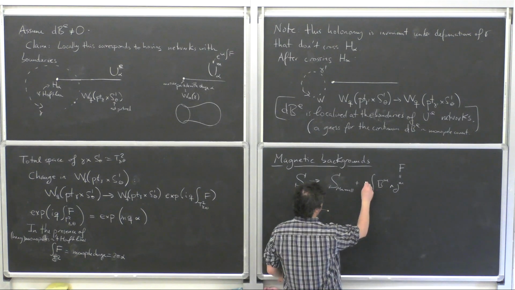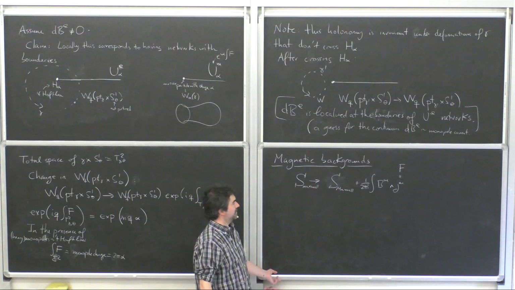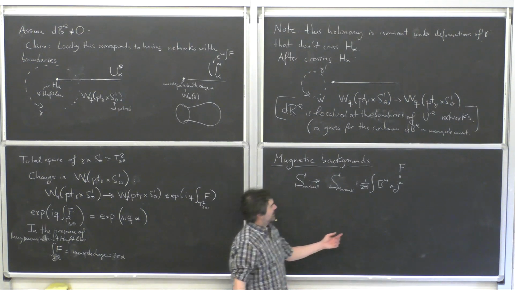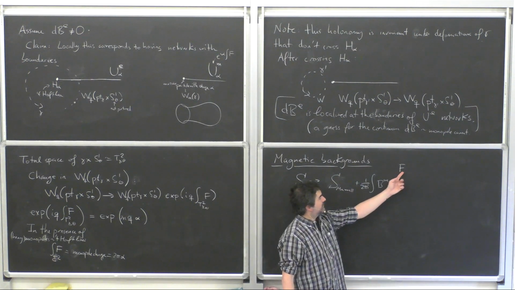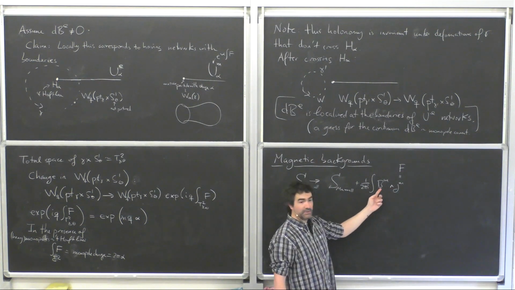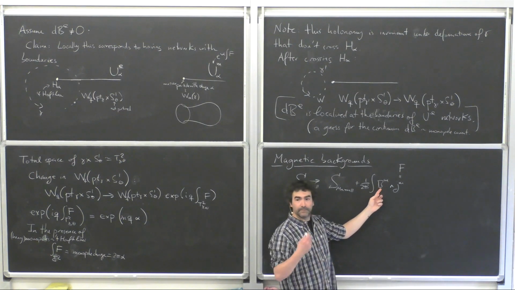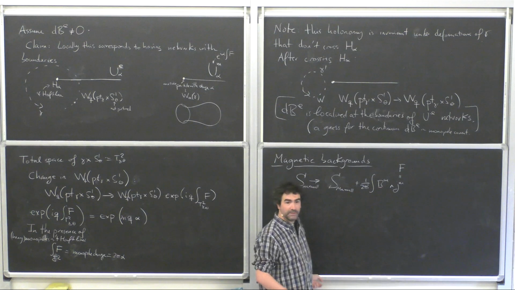And, sorry, conventions, 1 over 2 pi i, because I'm always taking the periods of F to be 2 pi quantized, and the periods of B to be 2 pi periodic. So this makes the path integral well defined.